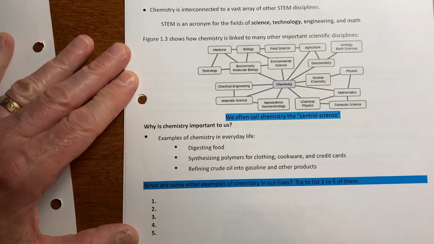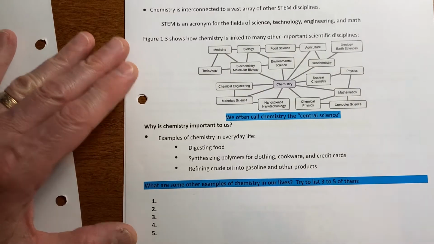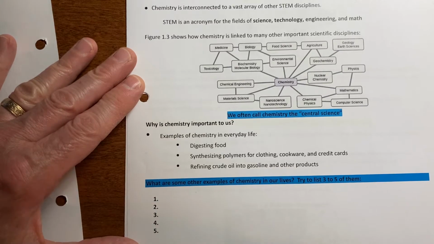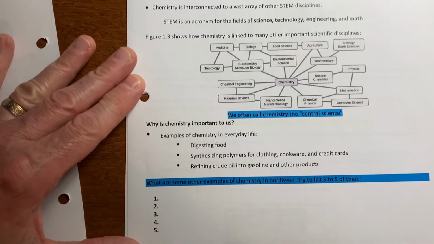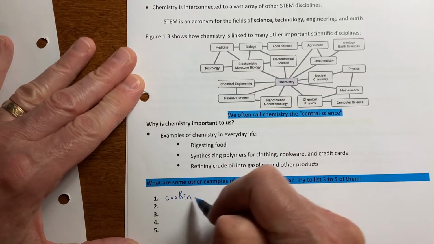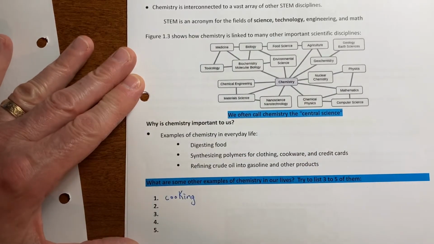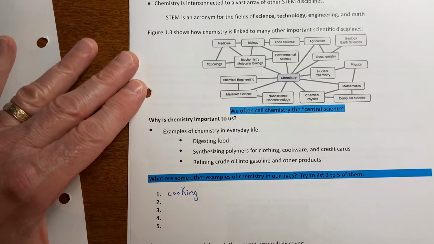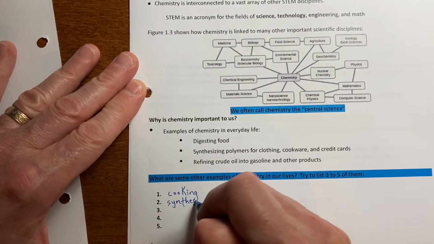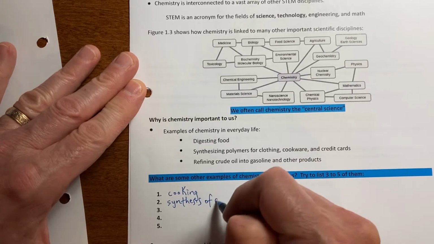What are some other examples of chemistry in our lives? I want you to mentally think about these things as you're watching these videos, but I thought of a few. Like I said, not only do we digest food, but to eat the food, we have to first cook it. Those are chemical reactions. The synthesis of drugs is useful.